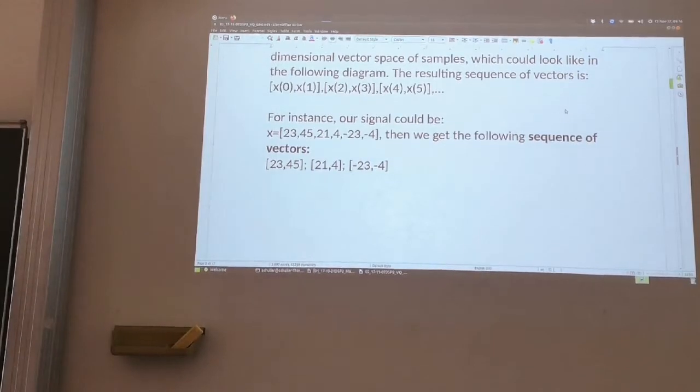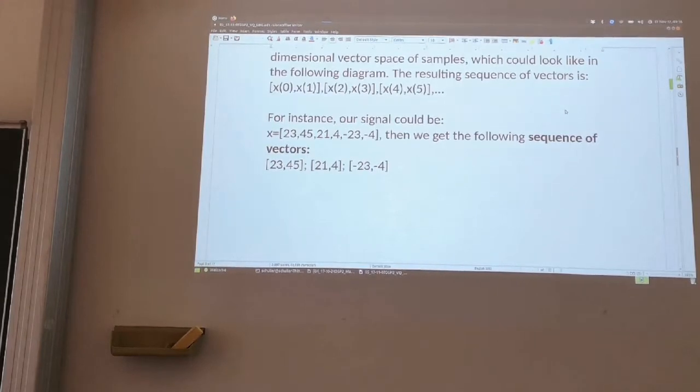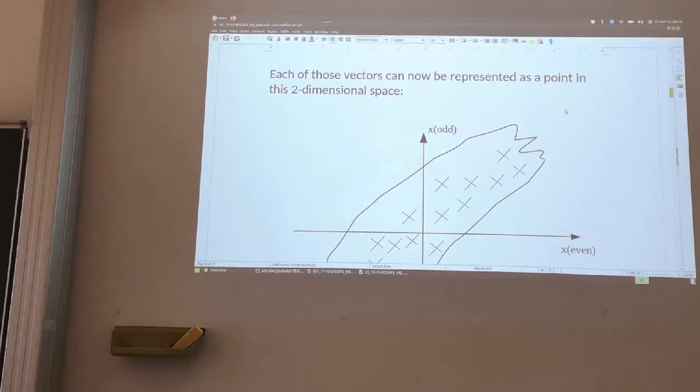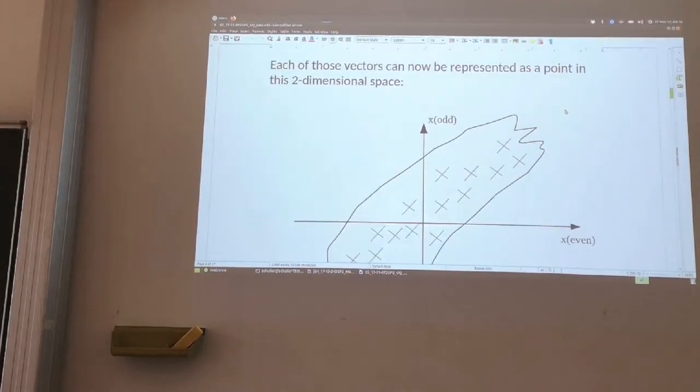So now we have a sequence of 2-dimensional vectors, just by grouping them into blocks of 2. Yeah, and each of those vectors can now be represented as a point in this 2-dimensional space.